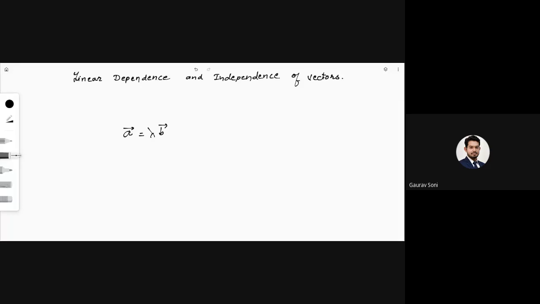There was one more vector relation: any vector r bar in three-dimensional space can be written as x times a bar plus y times b bar plus z times c bar, if a bar, b bar, c bar are non-collinear vectors.